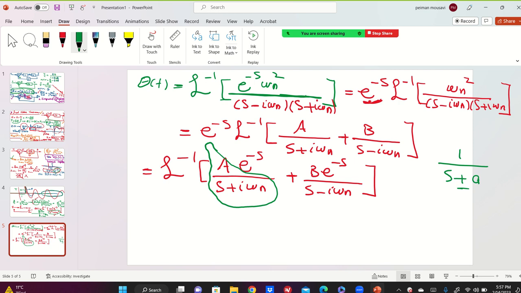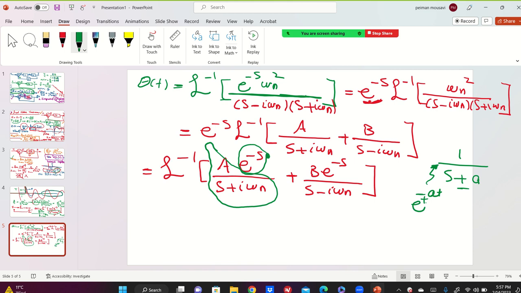Yeah, you mean exponential, e to the minus a t. Plus or minus a t, that's right. Minus gives you plus, plus gives you minus. That's right, exponential term. But we also have this e to the minus s.